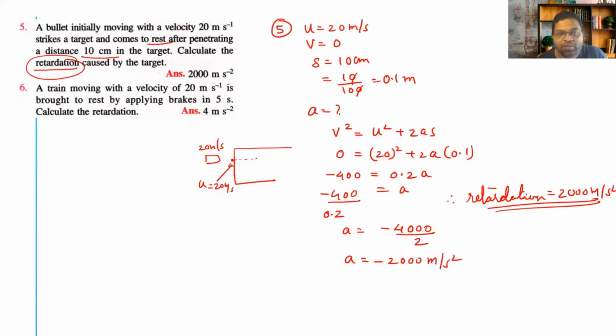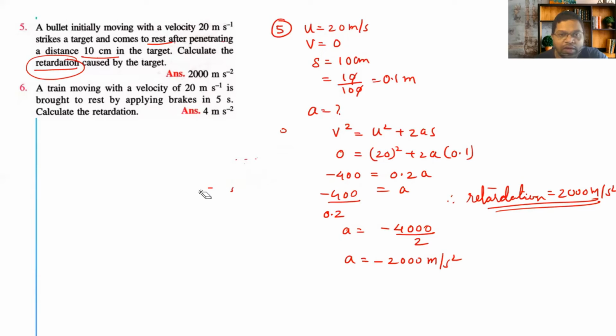Then it says that the bullet penetrates 10 centimeter before it stops. It strikes the target and comes to rest after penetrating a distance of 10 centimeter. That means we know the initial velocity to be 20, and when it comes to rest, the final velocity to be 0, and in between that the distance covered is 10 centimeters. Do you have any confusion with that? No, sir.